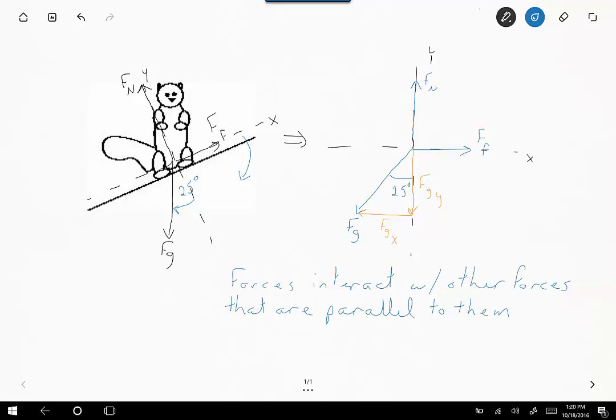Now as we take a look at these forces, we had started with 3 forces: normal force, frictional force, and gravitational force. But now we really have 4 forces: 2 in the y direction and 2 in the x direction.